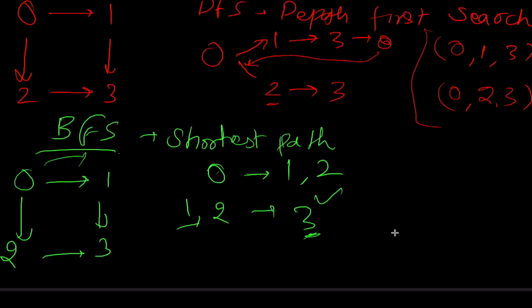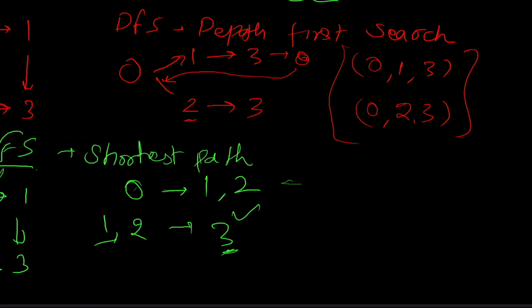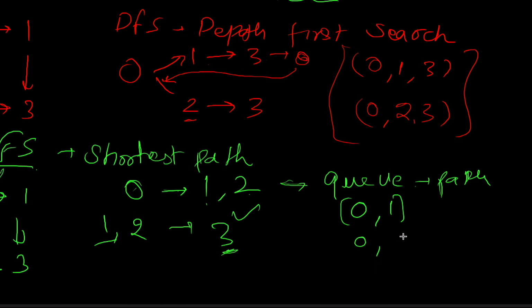So I would make a path. When I am traversing, in the queue I will store the path. Initially the path will be 0, then after I travel 1 and 2, the queue will have two elements, 0 1 and 0 2.